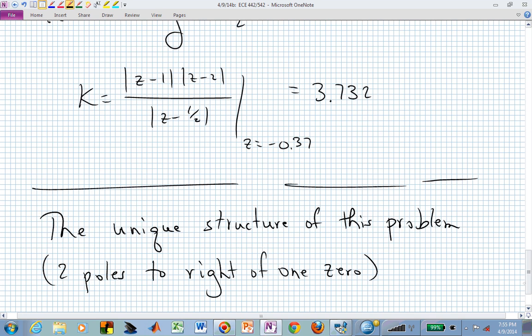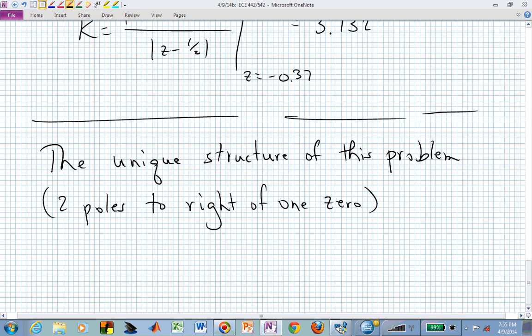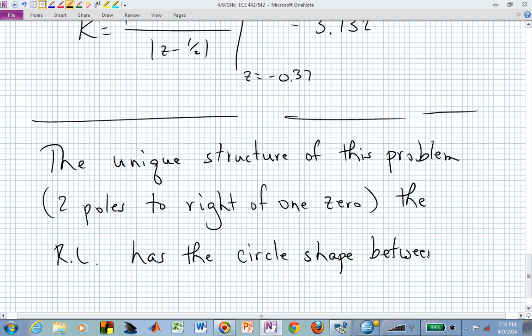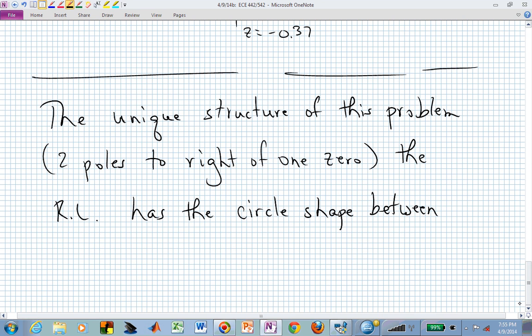That's the structure that I'm referring to. The root locus has the circle shape between the breakaway and re-entry.